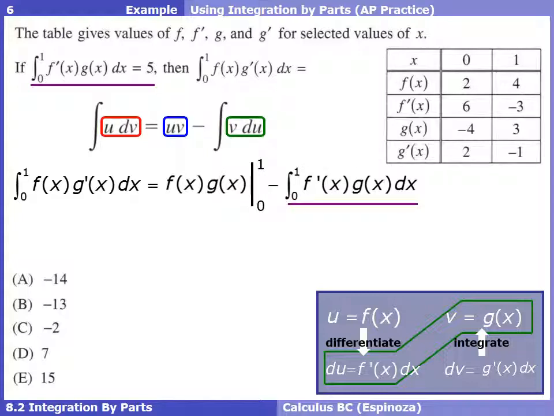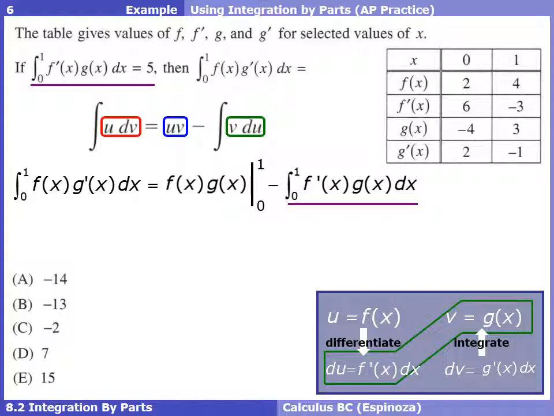And you'll notice the information they gave us from above helps us out immensely. They tell us that the integral from 0 to 1 of f prime times g dx is equal to 5, which means this entire thing disappears and becomes the number 5.